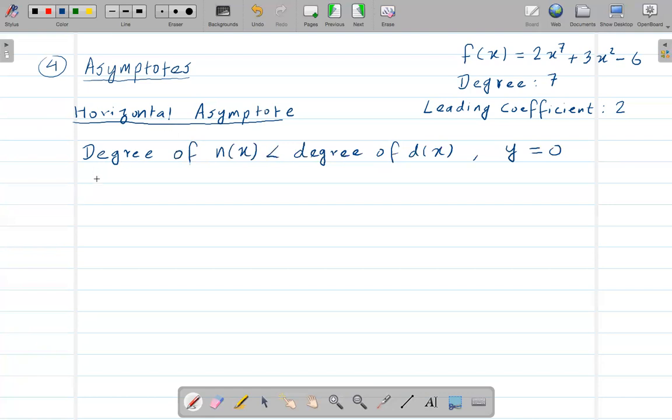Okay. And if the degree of the numerator is greater than, let me check it really quick here.